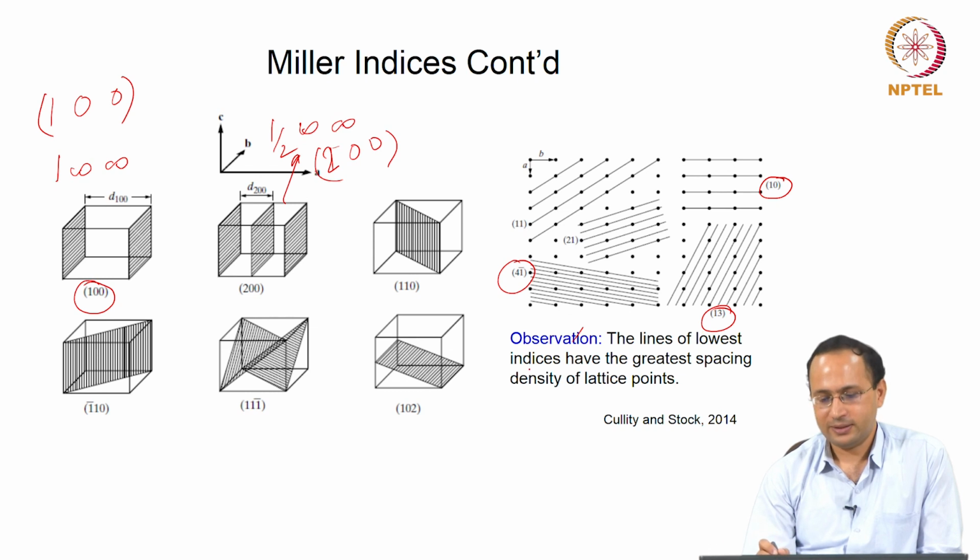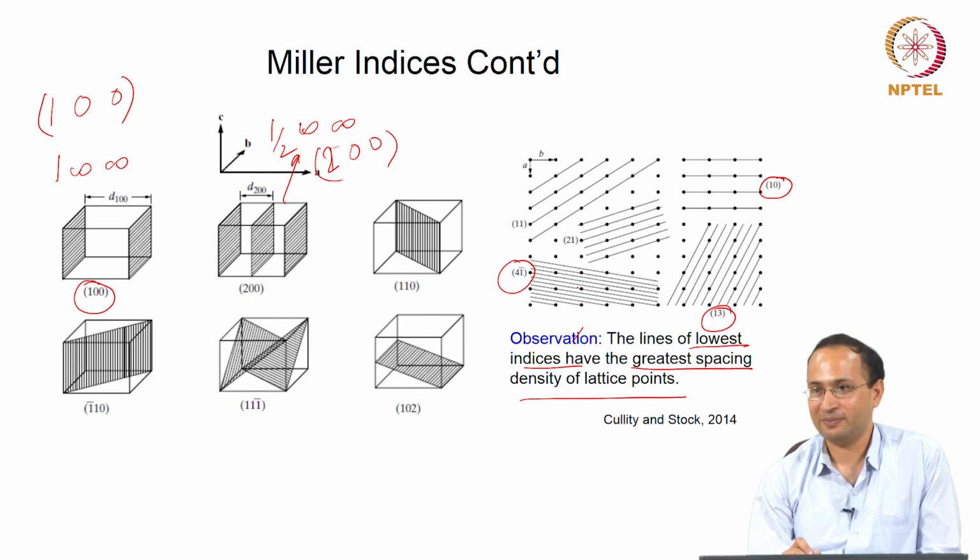So, observation is the lines of lowest indices have the greatest spacing distance of lattice points. You see 1 0, you have more space. As you go towards higher indices 4 1, your spacing is reducing. Is it clear? The difference between 1 and 4 is very obvious, but that is general.